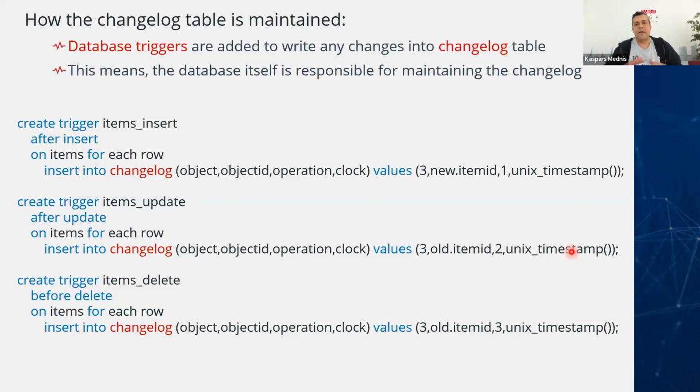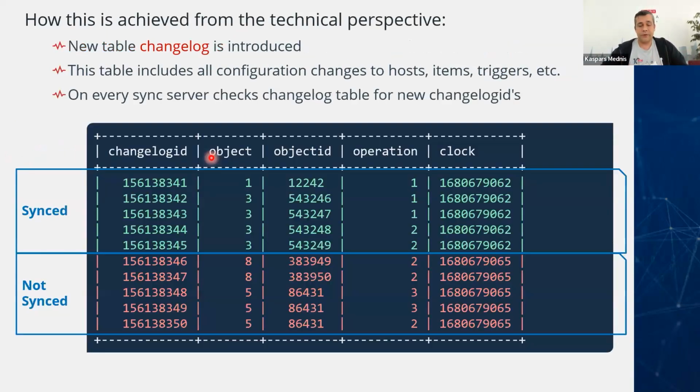If you are DBAs, then you already know it. For other people, database triggers are something you create in the database engine itself, which detects changes. You can see here, create trigger items_insert after insert on items, which means the database itself is tracking changes. When you create a new item, you are doing an insert into the database. The database engine detects it, and you can see it inserts the row into this table.